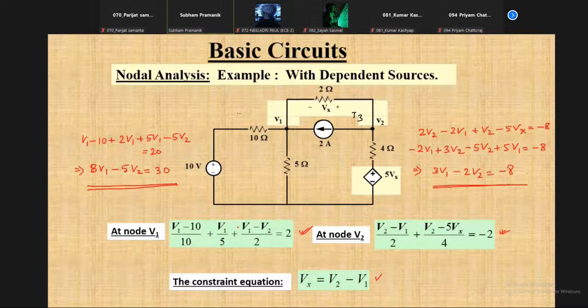Have you found the answer? Sir, yes. V1 is coming 20... I think V1 is 100, V2 is 154.